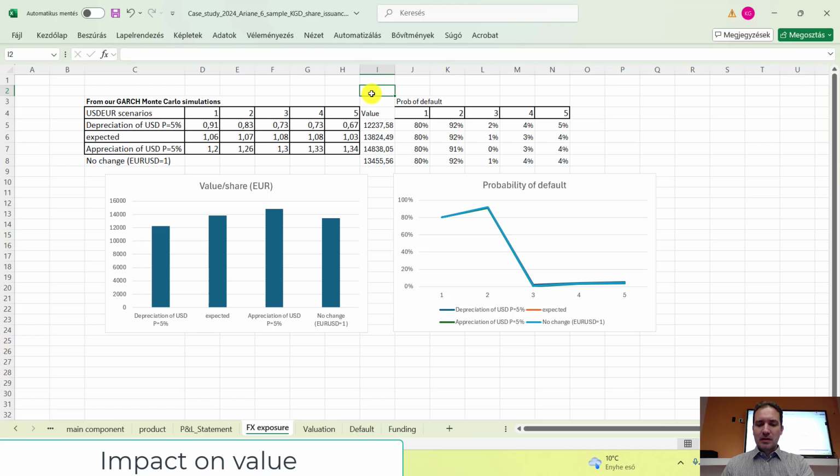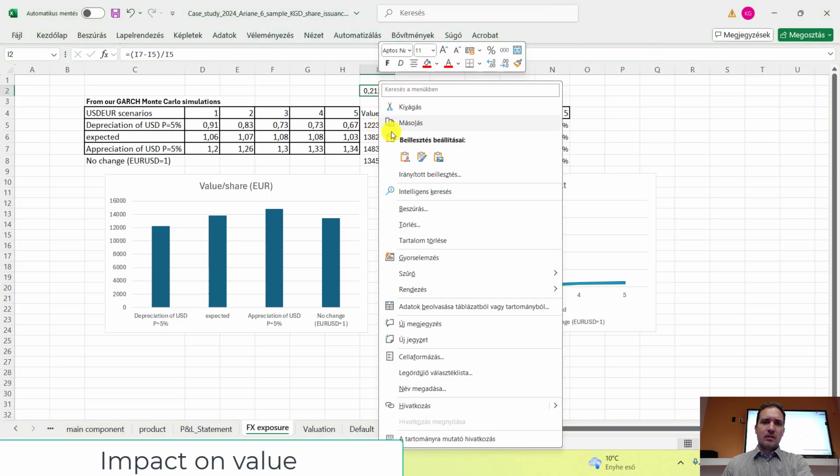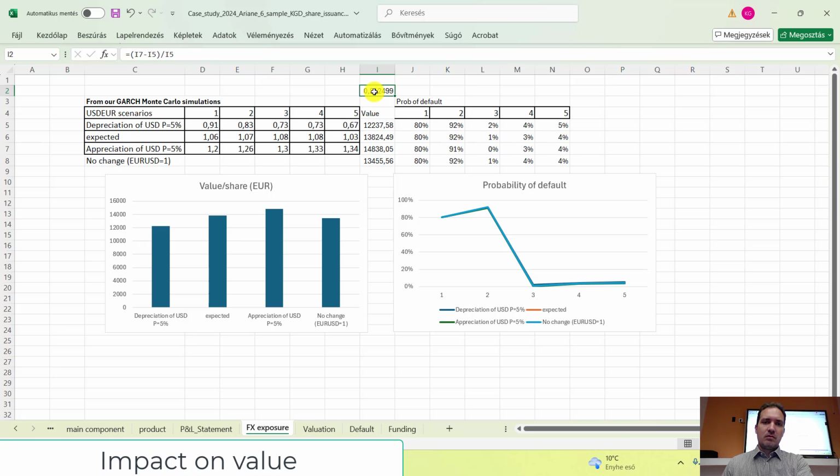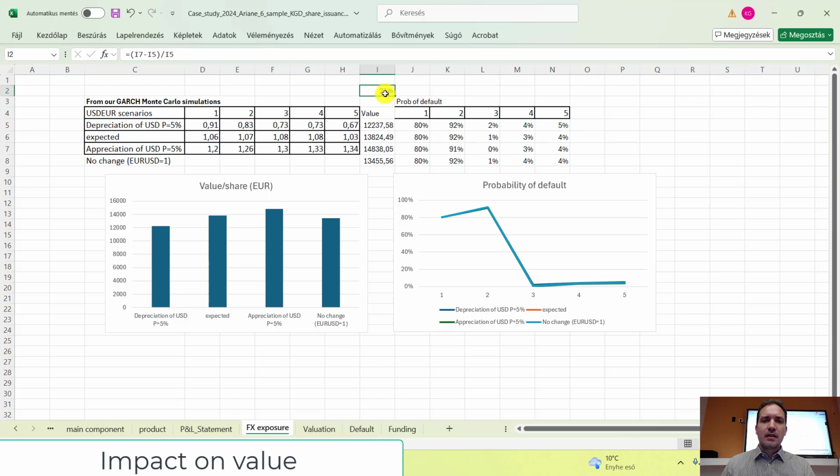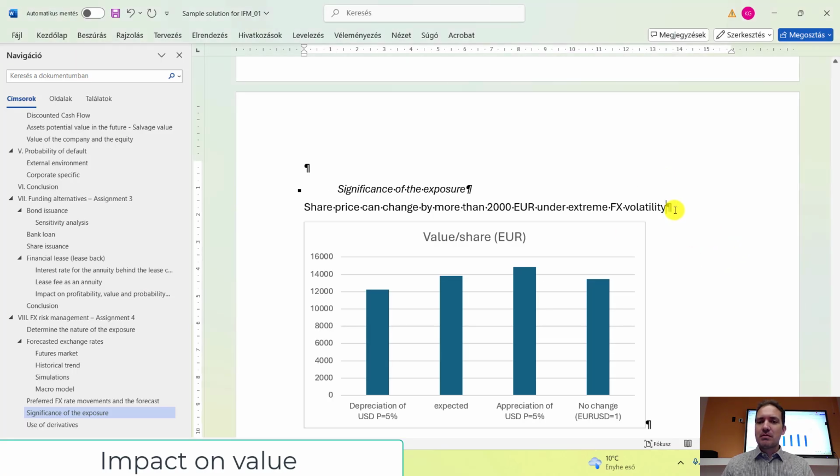What is in terms of percentages? So we should see that, okay, the highest minus the lowest divided by the lowest. And this is a percentage. So it can be 25% change, okay. So this is the highest volatility.